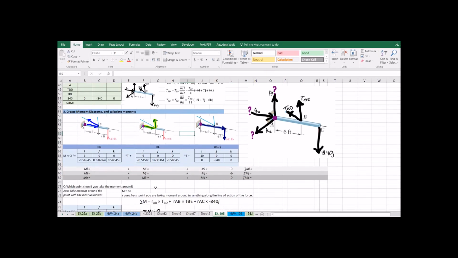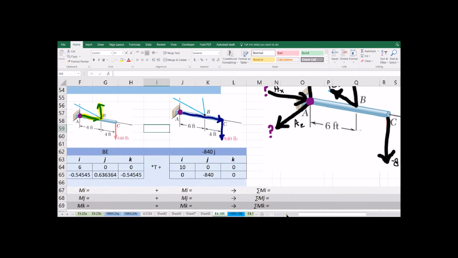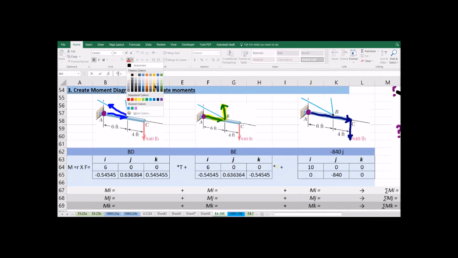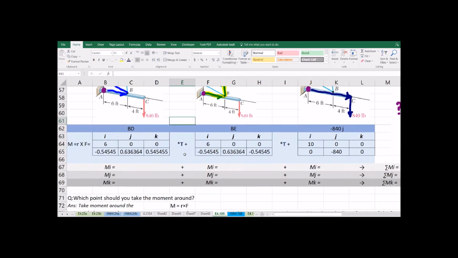Okay, so all we have for our unknowns for our moment cross products is the tension in those cables. Okay, so that really simplifies life, and we're just going to multiply each one of these guys by that tension. Okay, so here's our cross products.